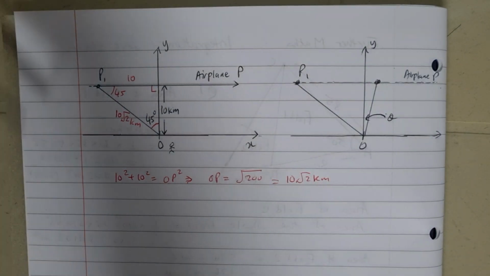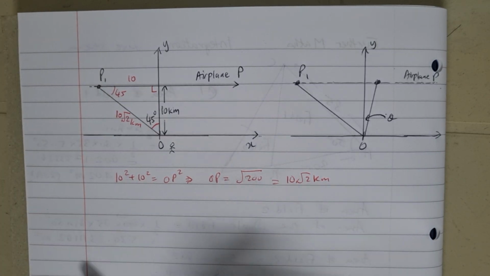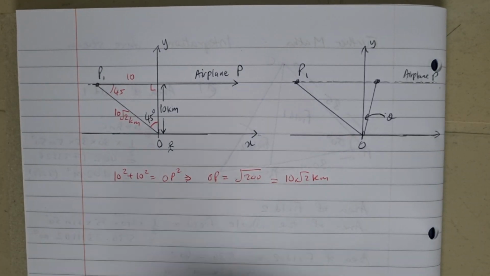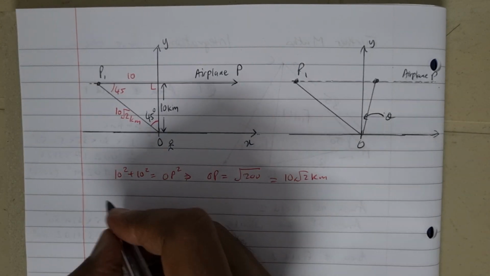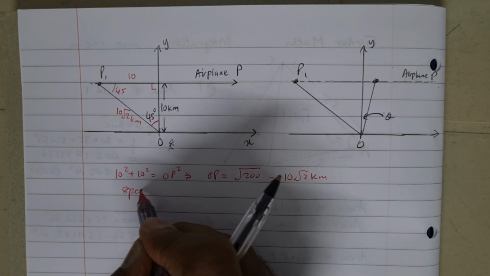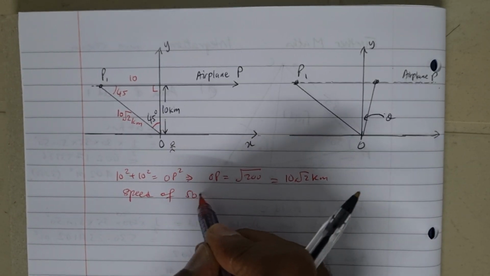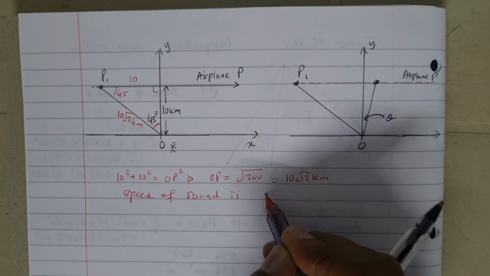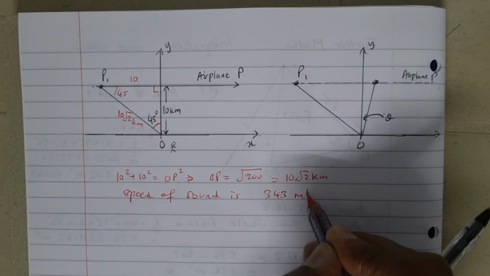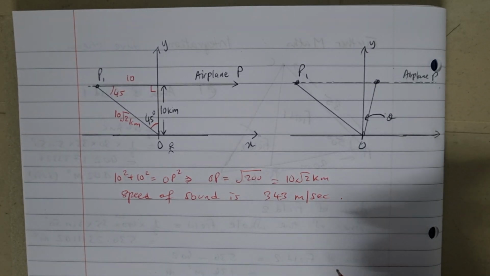There's further information that the speed of sound is roughly 343 meters per second in air.